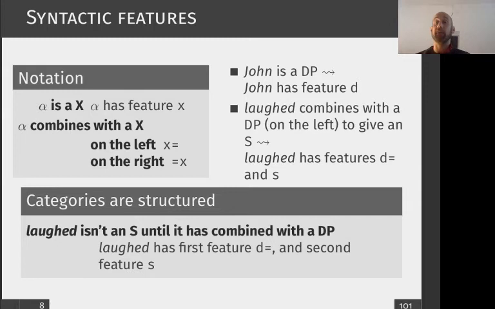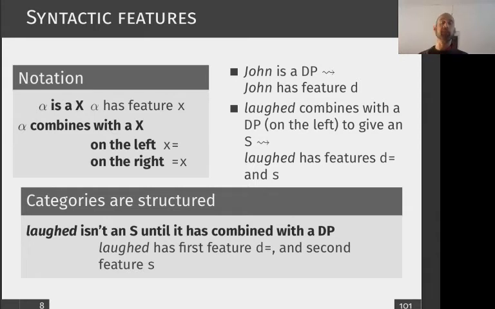It's only an S after it combines with a DP. Okay? So that means that the features that something has need to be ordered with respect to one another. So we want to say that laughed has first the feature D equals. It wants to first combine with the DP on its left, and then it will be an S. Okay?